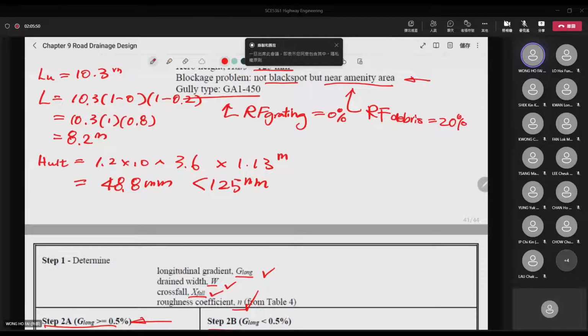So that means the spacing of 8.2 meters should satisfy the requirement. You know what I mean?